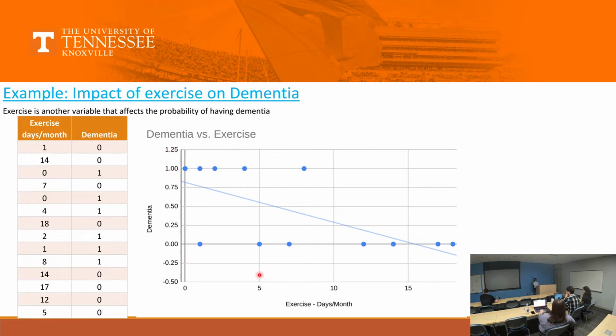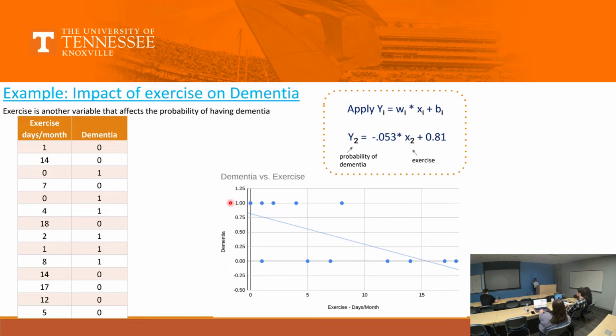So we plotted this data, and this is a fit that you have, and it is just giving you an idea that now I have a probability of dementia, which depends on your number of exercise days. I can plug in, though my answers won't be very correct because this is not the best fit we know. This is just to give you an example. But still, it will give you some numbers.